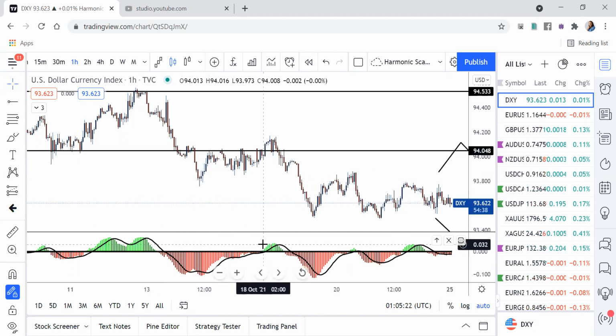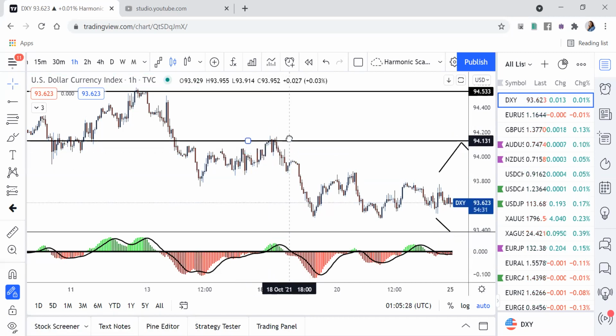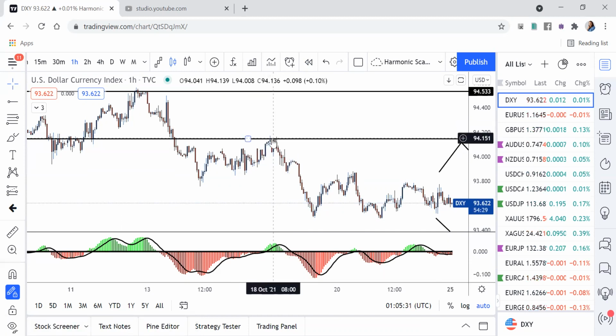So you can see that the MACD crossed over here to give us another high. So this would have been our current 1 hour high based off of the price break in this structure. This would have been the next 1 hour high here, and this would have been the low.